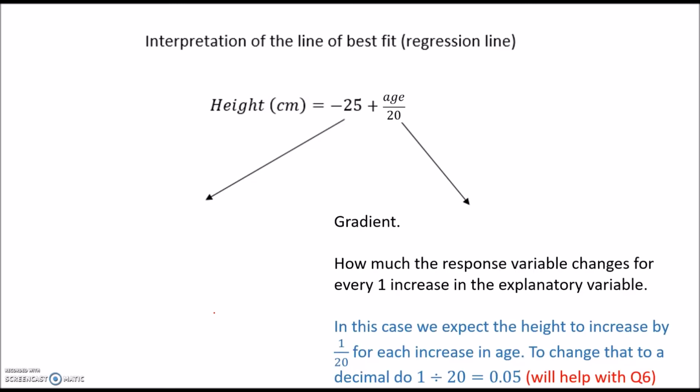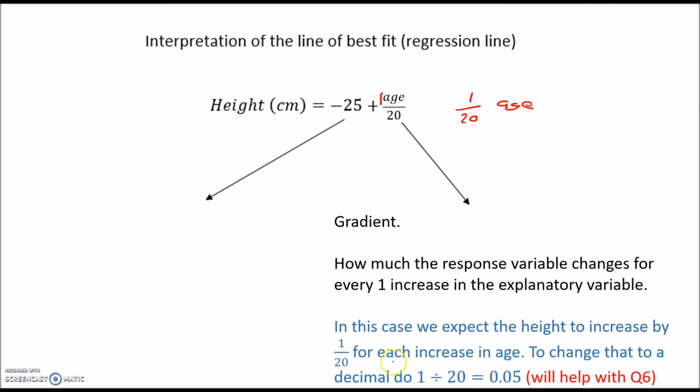The gradient now, if this is age over 20, it's the same as saying 1 times age over 20, which is the same as 1 over 20 times age. So this time your A value is 1 over 20. And we can say that we expect the height to increase by 1 over 20 for each increase in age.